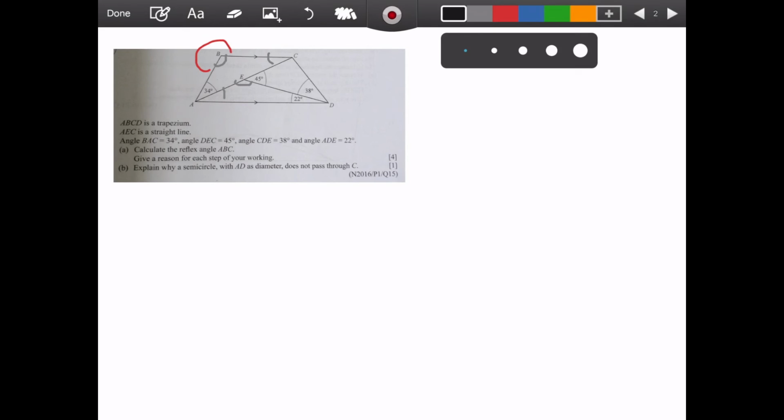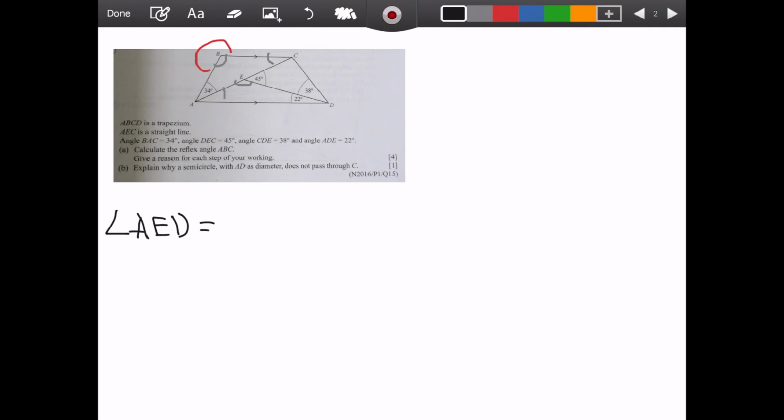The angle AED is equivalent to 180 minus angle CED, right? And why is this so? This is because of supplementary angles in a straight line.